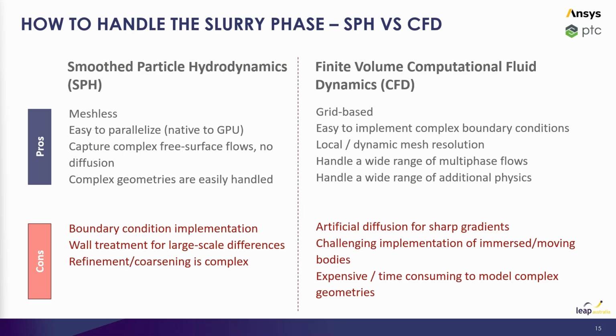The fact that particles are tracked exactly means that free surfaces can be resolved with ease. There's not going to be any diffusion errors. And because it is a meshless approach, the model setup is extremely easy and complex geometries can be handled with ease because we don't have to spend time and resources at the geometry preparation stage like with traditional finite volume methods where we have to end up with a really clean geometry.